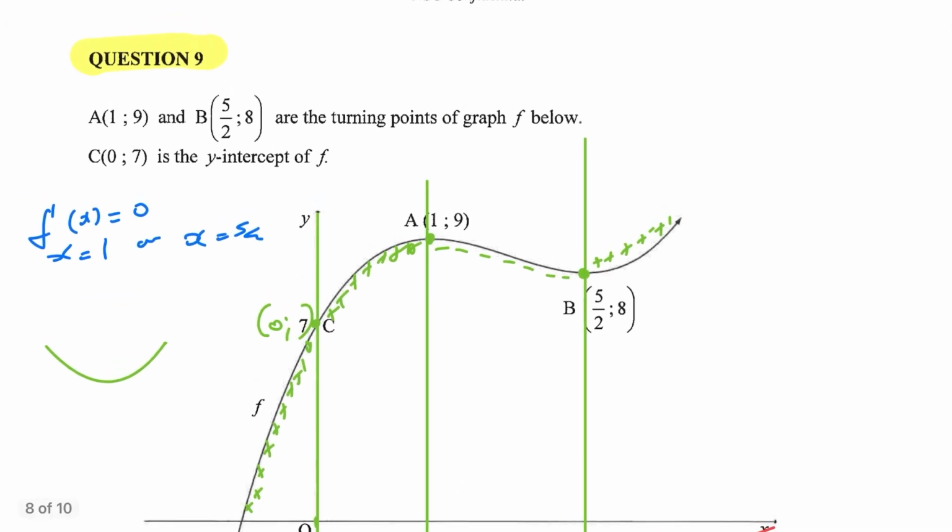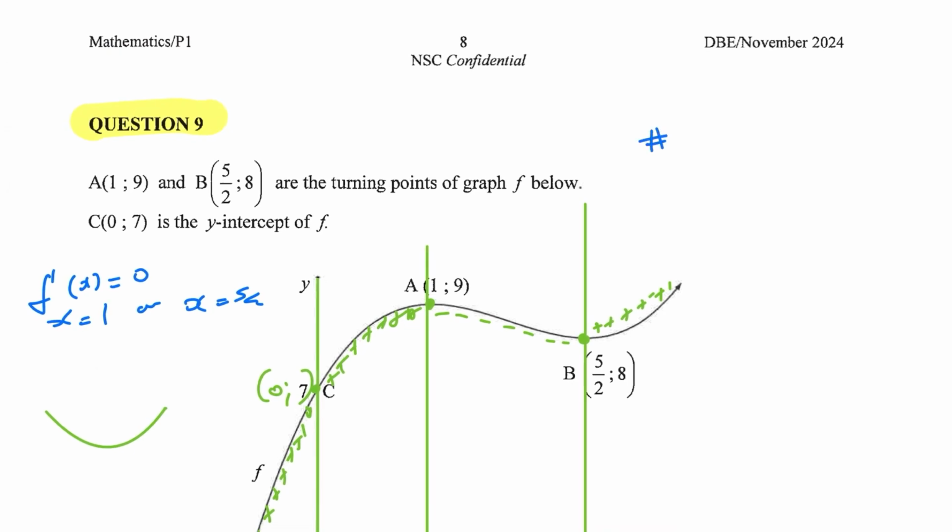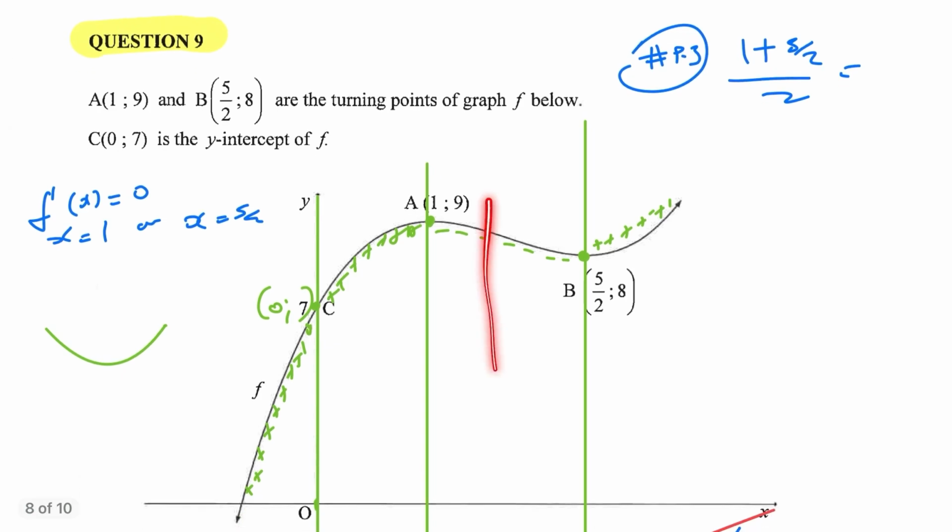You say, okay, you've got 1 plus 5/2, and divide by 2, because we're trying to figure out the value that is in between where we're starting concave up. So you just get the average, and then you get your answer, 7/4.